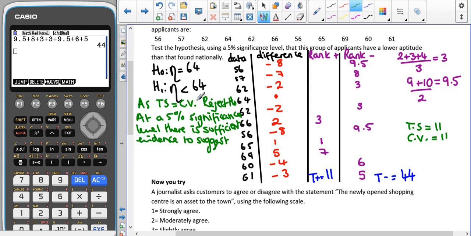So as the test statistic is equal to the critical value, we reject H0 at a 5% significance level. There is sufficient evidence to suggest that the applicants have a lower aptitude on average than nationally.